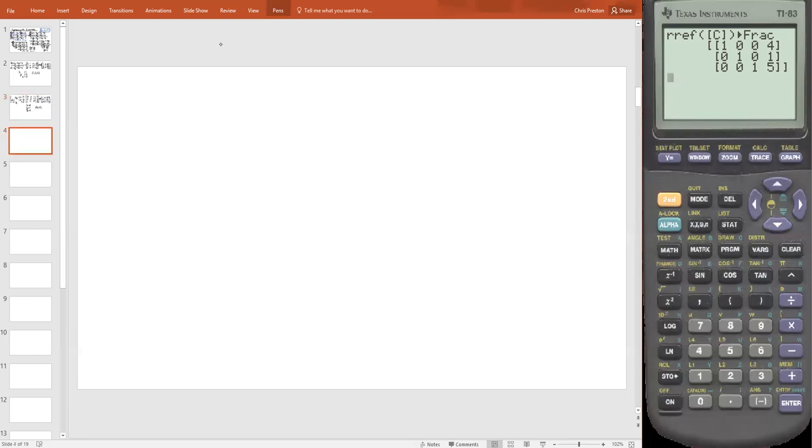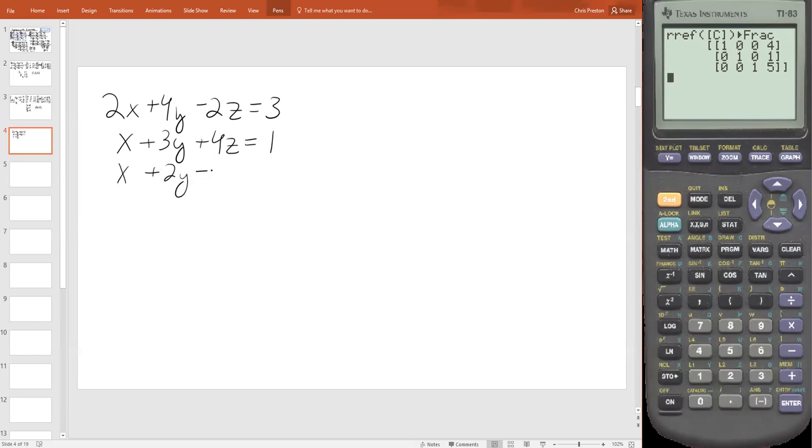Let's look at a system of equations that might give us a kind of unusual answer. 2x plus 4y minus 2z equals 3, x plus 3y plus 4z equals 1, x plus 2y minus z equals 4. Okay, so I'm going to put that in.